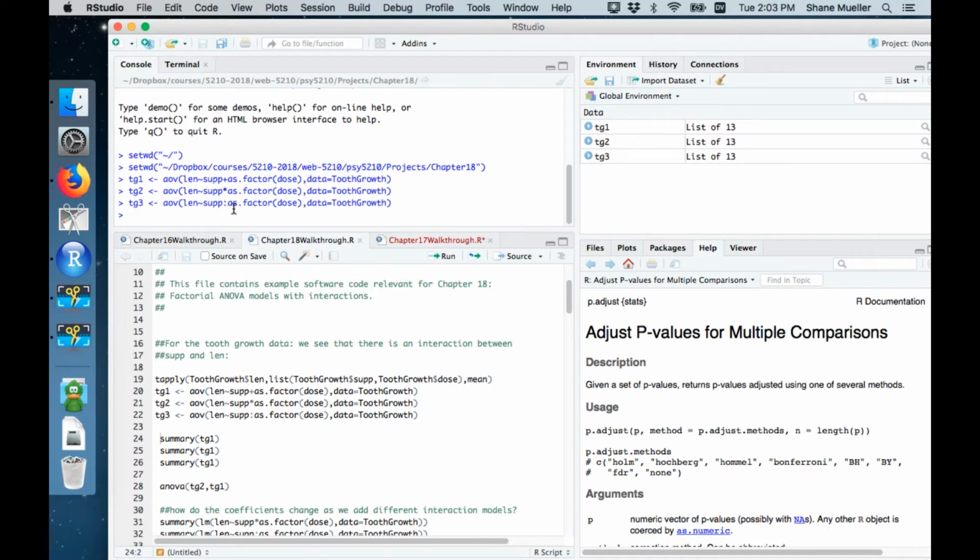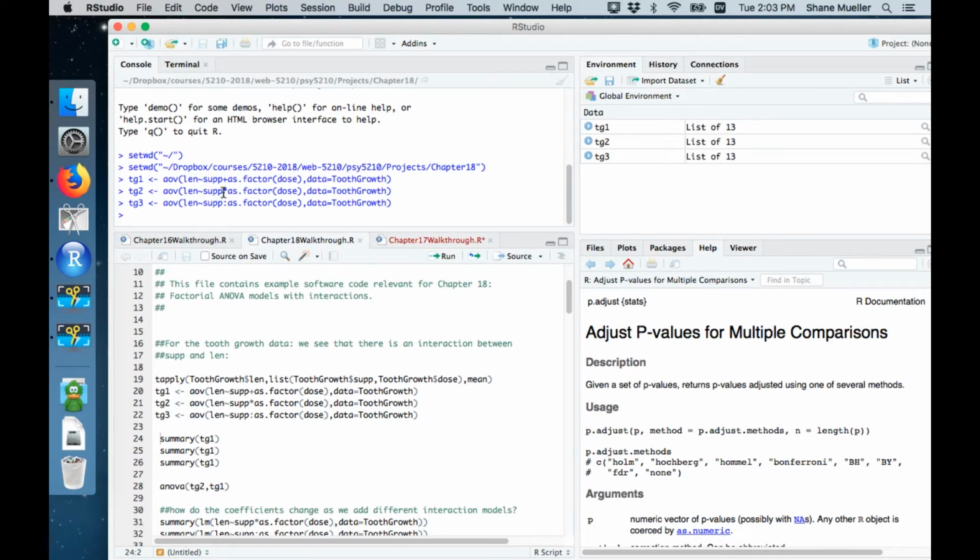If you just want to have that interaction term alone, you use the colon. So you could add the interaction term to the main effects by saying sup plus as factor dose plus sup colon as factor dose.